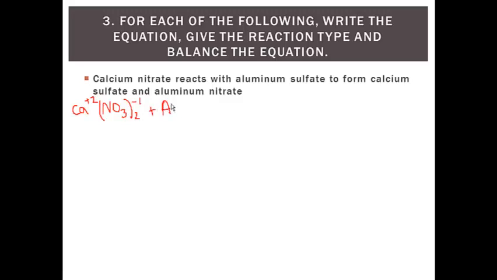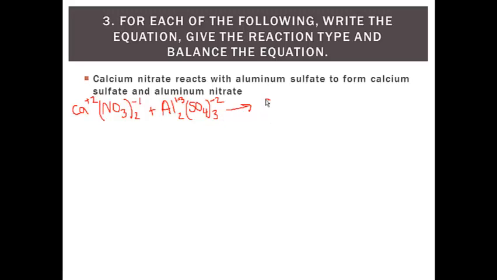Reacting with aluminum sulfate. So these charges crisscross. If you can't get these charges right, you're not going to be able to write the formula correctly. So you need to be able to check your charges.